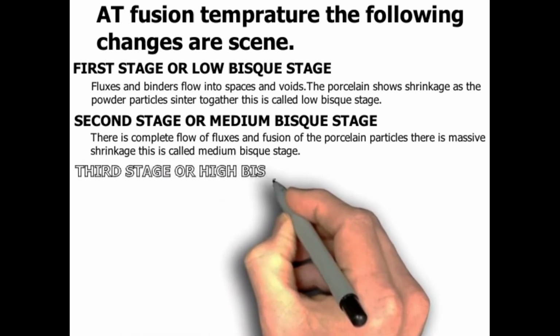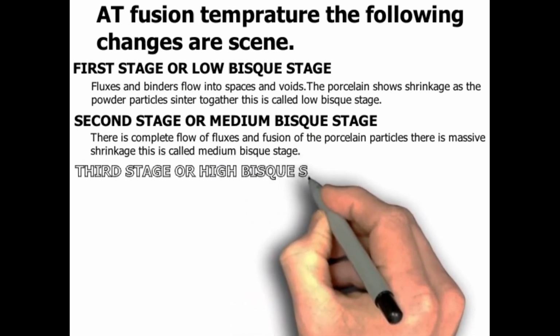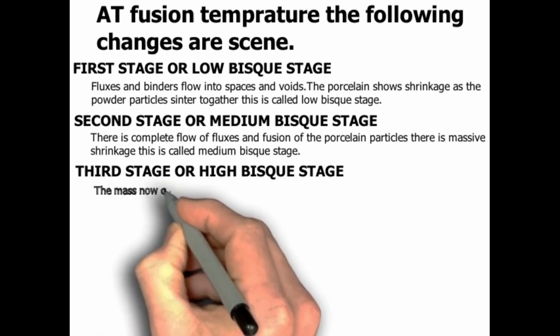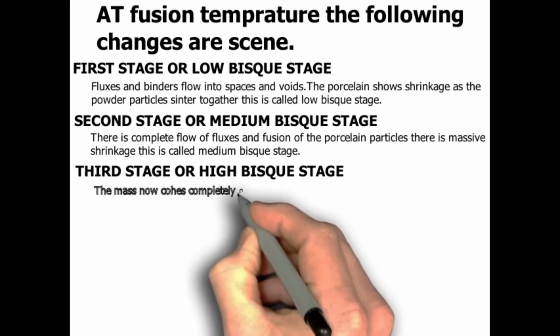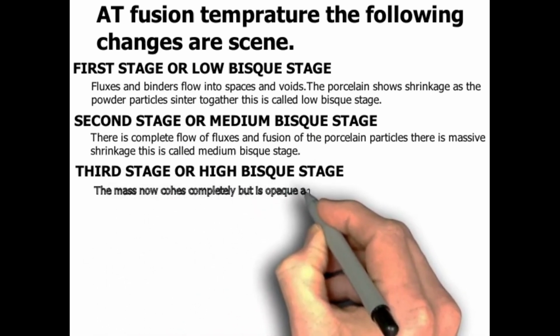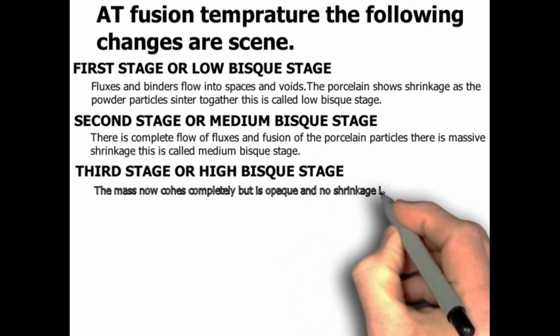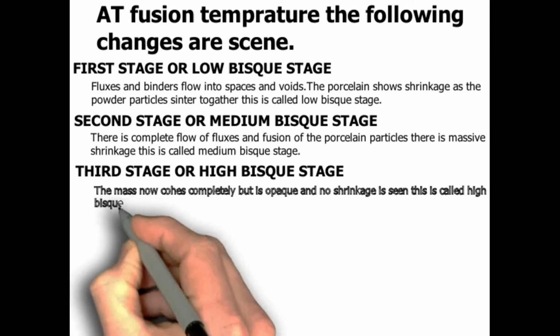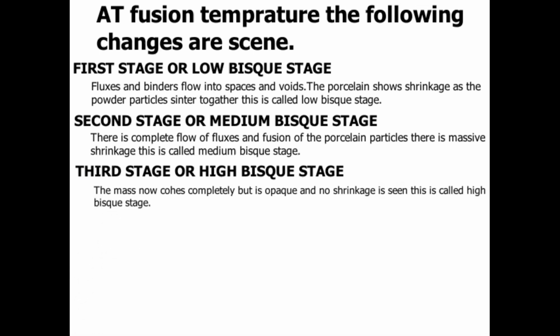Third stage or high biscuit stage. The mass now coheres completely but is opaque and no shrinkage is seen. This is called high biscuit stage.